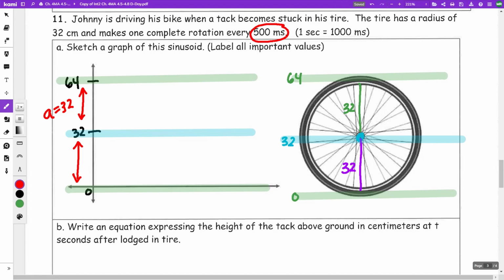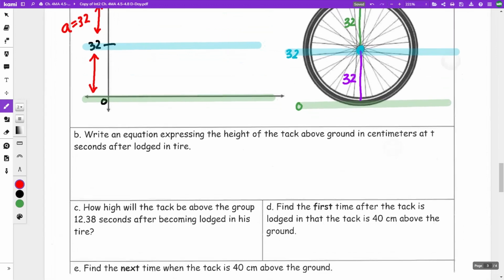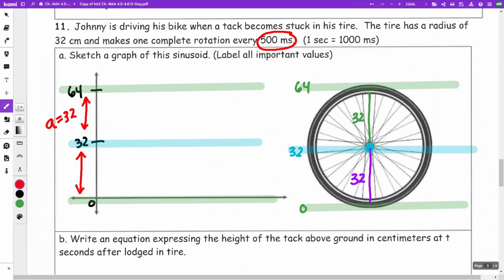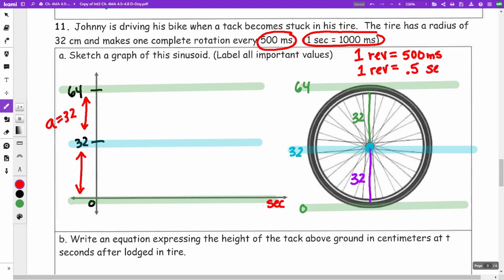Now, when you look at the rest of the problems, they talk about things in seconds. So I want this in seconds, not in milliseconds. If it takes 1 revolution for 500 milliseconds, so 1 revolution equals 500 milliseconds, and 1 second is 1,000 milliseconds, that means that it took half of a second, or 1/2.